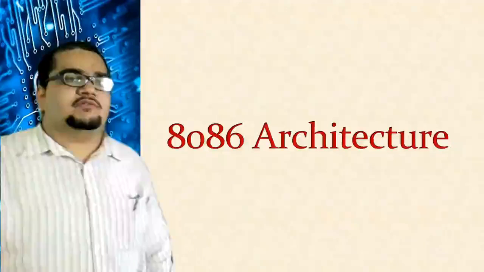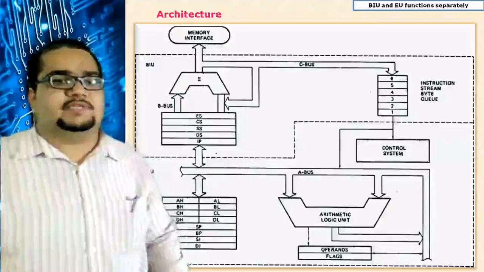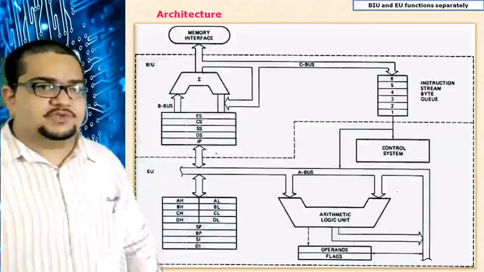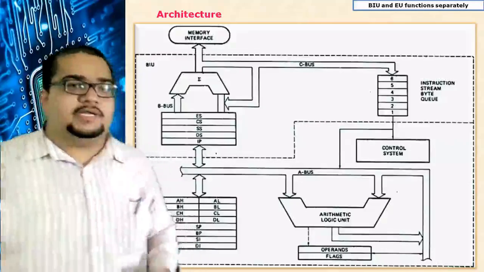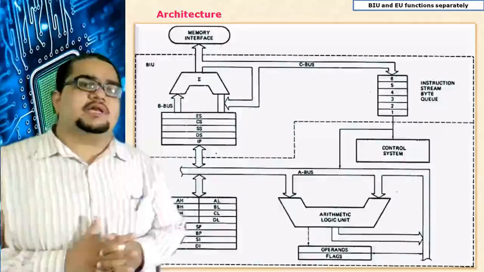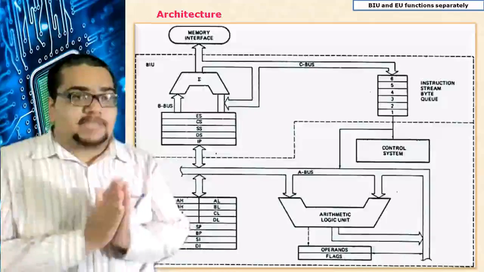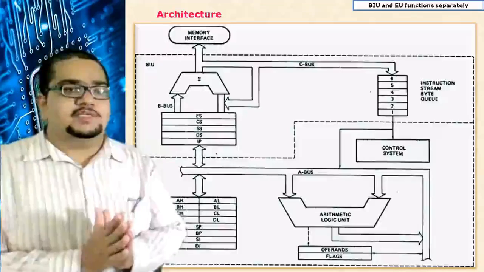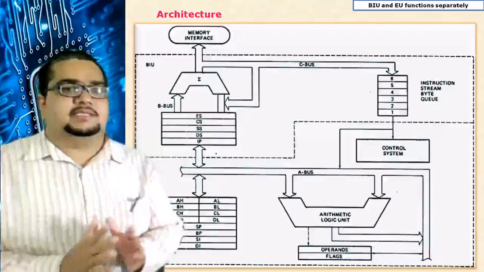So after that one, we have talked about the 8086 architecture. In architecture, we have seen these two units, bus interface unit and execution unit. Again, internally, as a whole, it is one thing, but internally it works as two different units. These two different units, that is bus interface unit and execution unit, work simultaneously, independent of each other's activity, such that the whole processing speed increases.